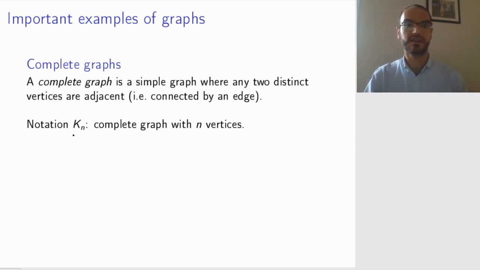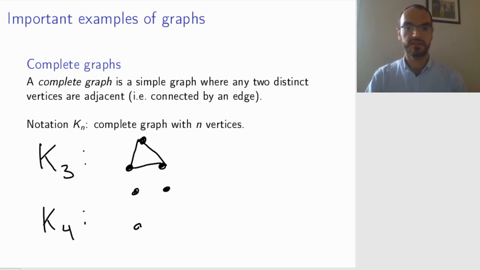And this graph is denoted K_n, the complete graph with n vertices. So if we look at, for example, K3, now we have 3 vertices and all possible edges without double edges or loops. So this is K3. And then you have K4.